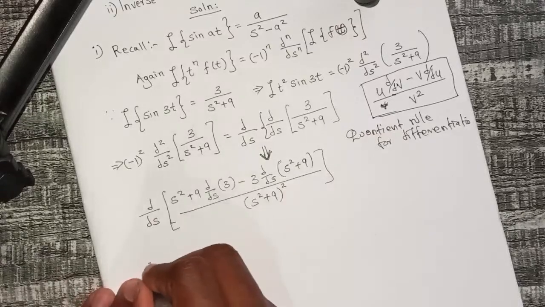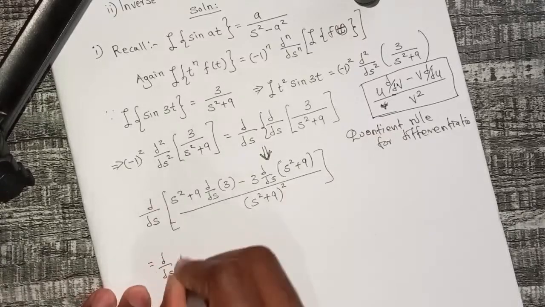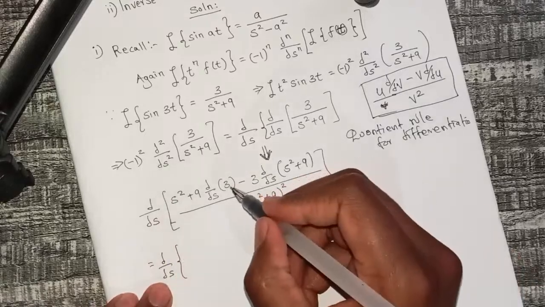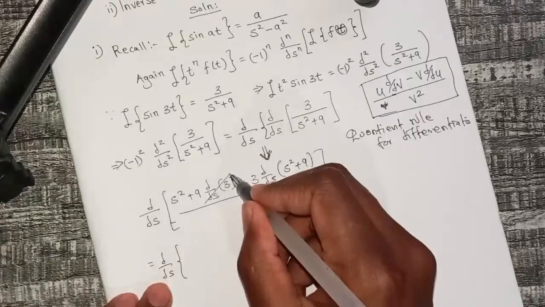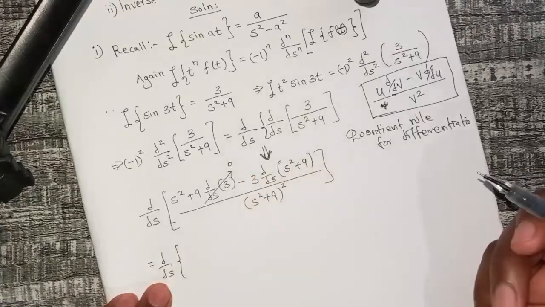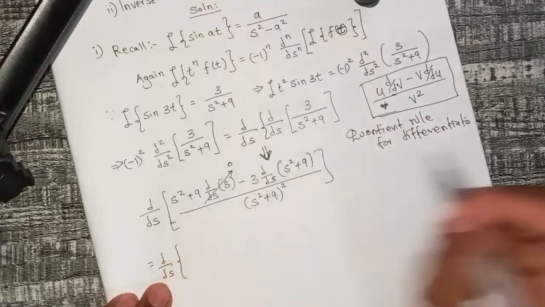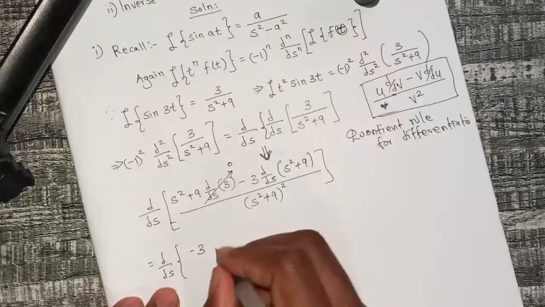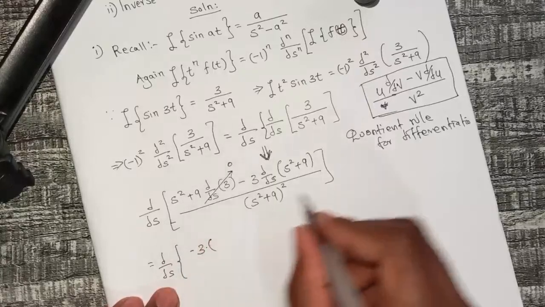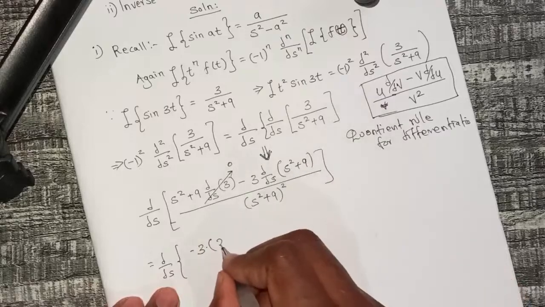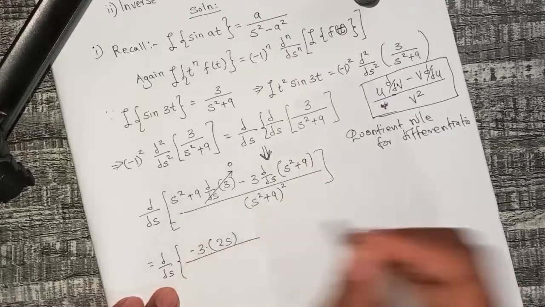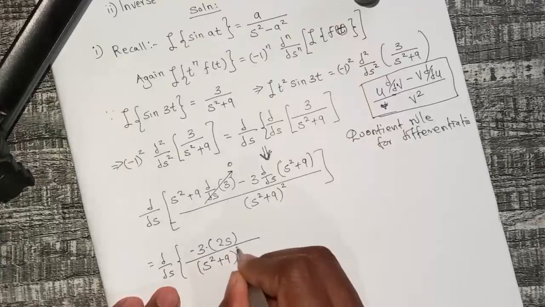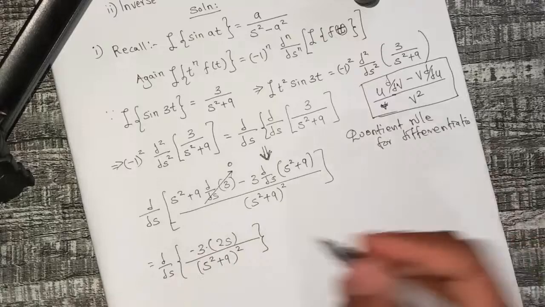Upon simplification, the derivative of 3 gives 0, so everything on that side becomes 0. We remain with minus 3 multiplied by the derivative, 2s, divided by (s squared plus 9) all squared.